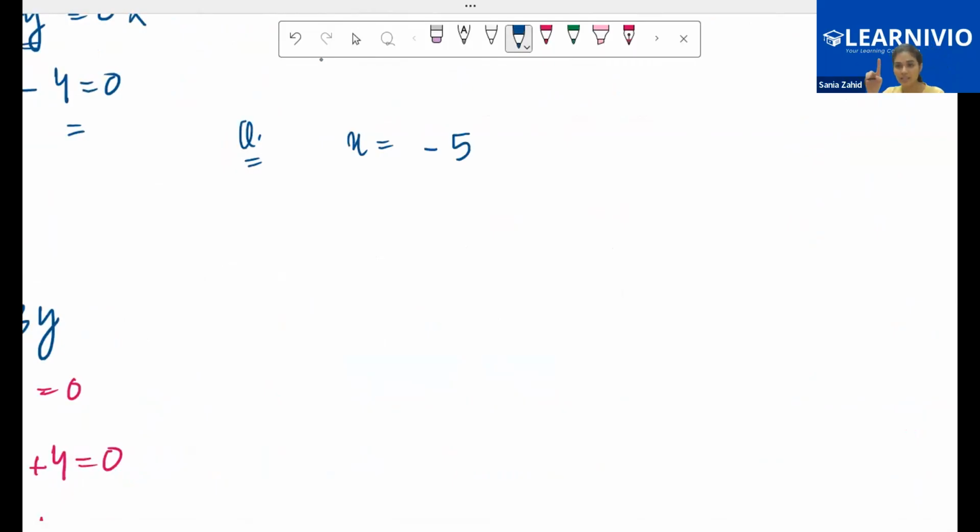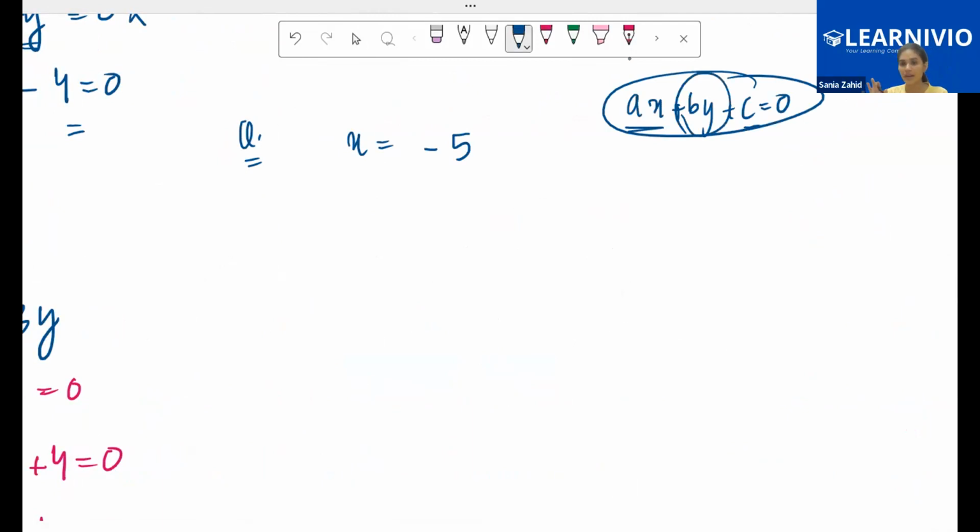Now you have the x term. Now what is the general formula? First write it down: ax plus by plus c is equal to 0. Okay, now out of these you have c also. Do you have a y? No, you don't have y. So how will you write it in two variables? What you will do is first of all transpose this thing over here. So this becomes x plus 5 is equal to 0.